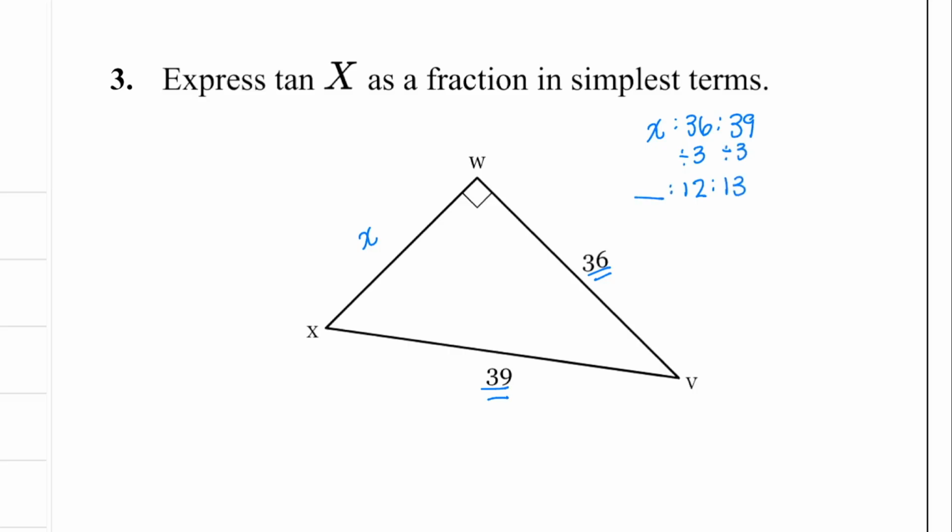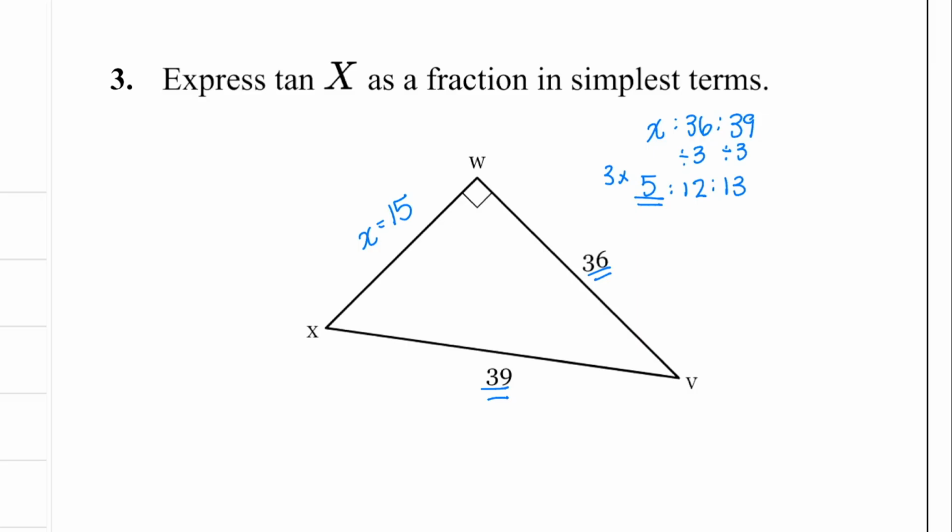So what is our missing ratio here out of our Pythagorean triples? It's going to be a 5. Now, in order to figure out what this x is, all we would have to do is multiply it by 3, because we know that it divided by 3 needs to be 5. So this is going to be 15.